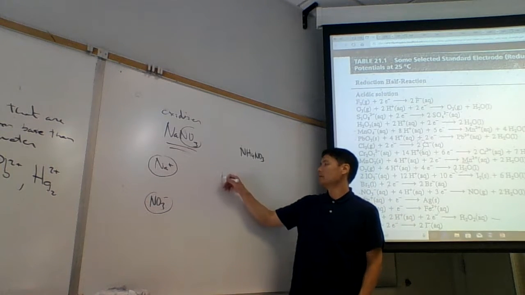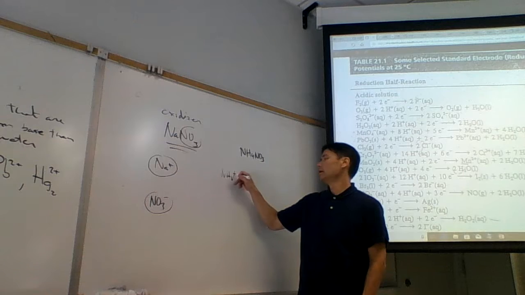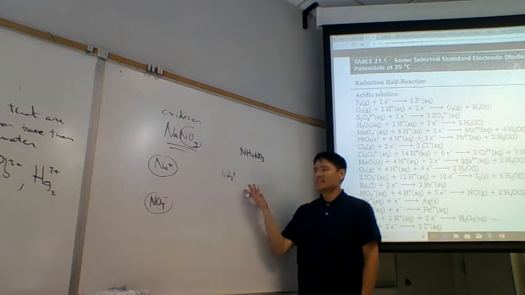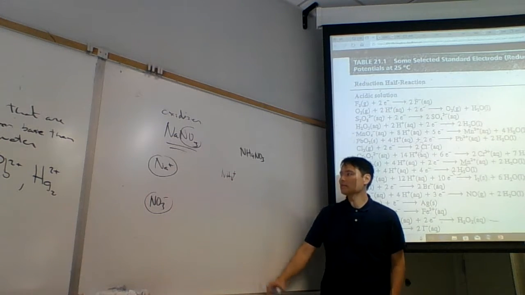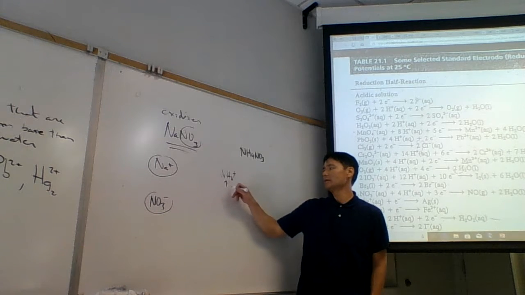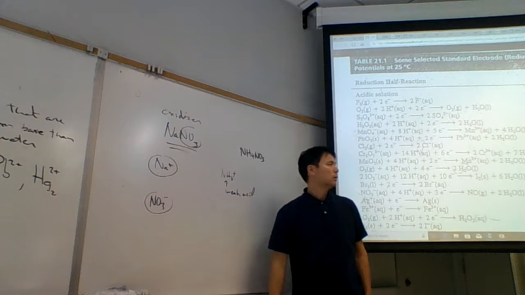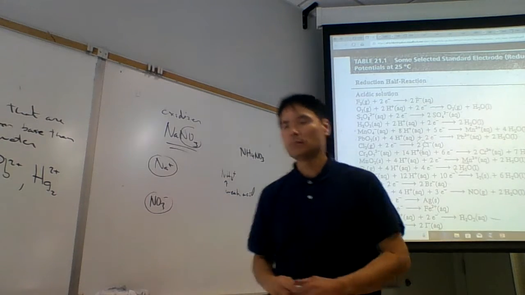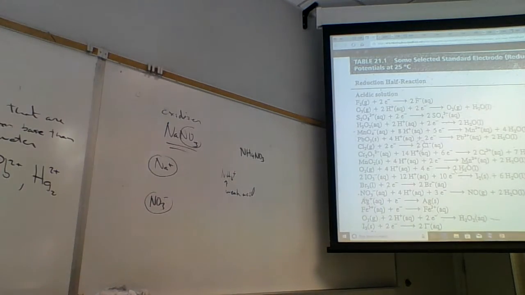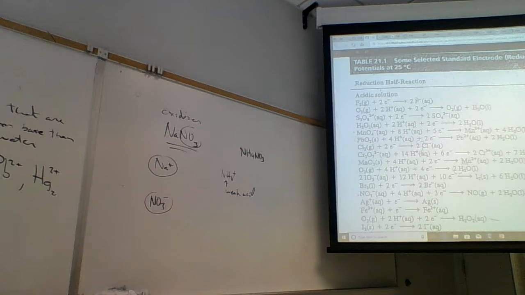But when we're looking at ammonium, metathesis, no reaction. Acid base, ammonium is a weak acid. And so metathesis, we got nothing. Acid base, we got something. Let's take a look at where ammonium is in terms of acid base.